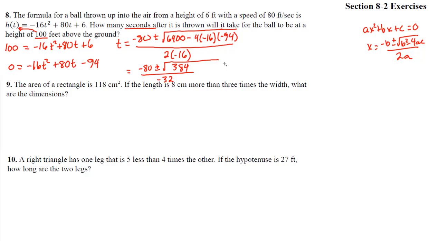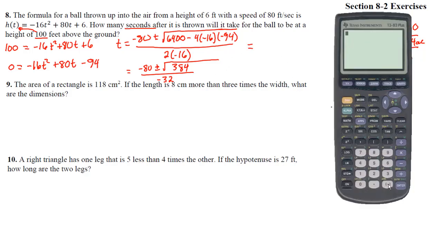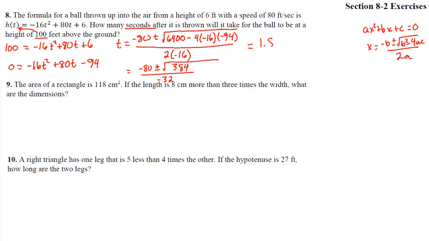Okay, so we have two answers. Let's go ahead and plug these into the calculator and see what we get here. Negative 80 plus the square root of 384 and then divide by a negative 32, and we end up with 1.887, so 1.89 seconds.